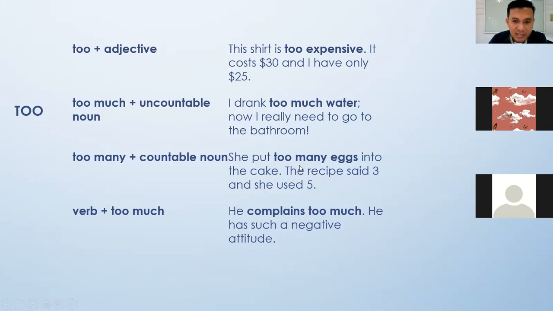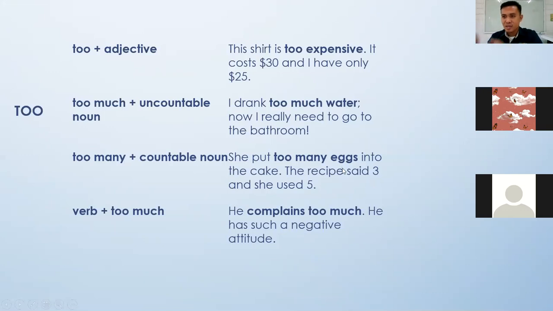Okay, now when "too" is followed by a countable noun, do you use much or many? Many. Many, that's right. Too many. Then we say too many and then a countable noun. She put too many eggs into the cake. The recipe said 3 and she used 5. Yeah, too many plus countable noun.